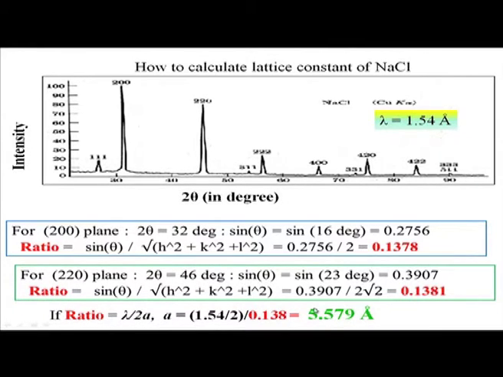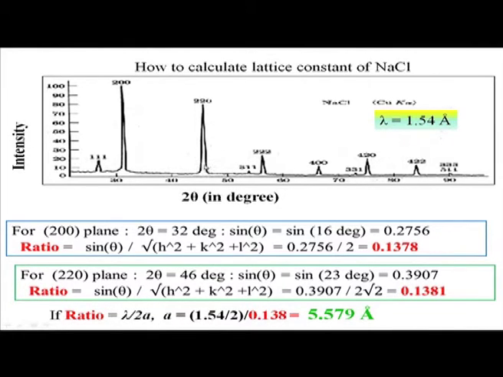So here I have calculated, and I got the value 5.58, okay. So it is close to the reported value. Here I have roughly taken 32 degrees, but I have not chosen the decimal point. The other one is 46, but it is not exactly 46, it is 46 point something or 45 point something.